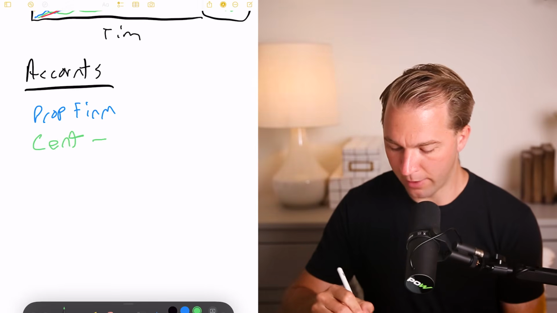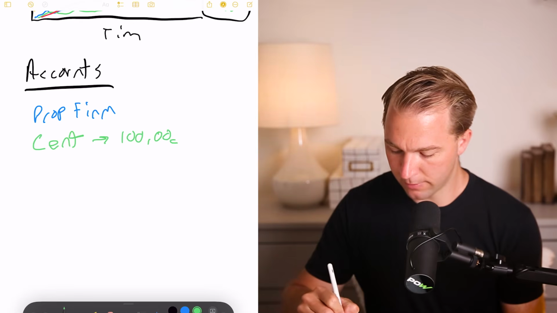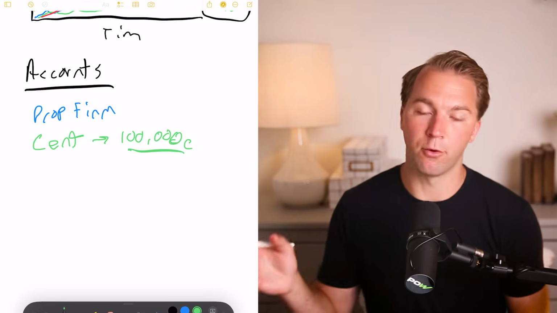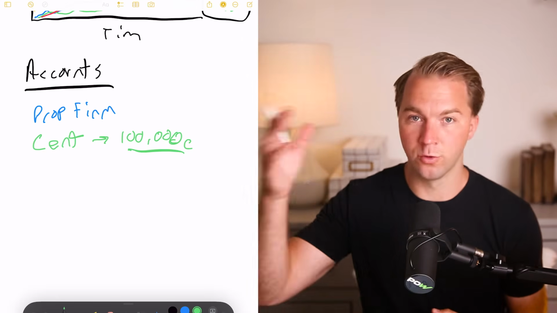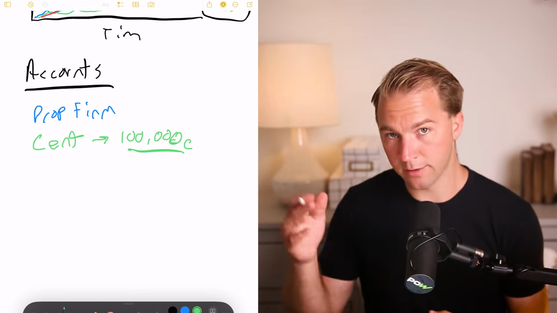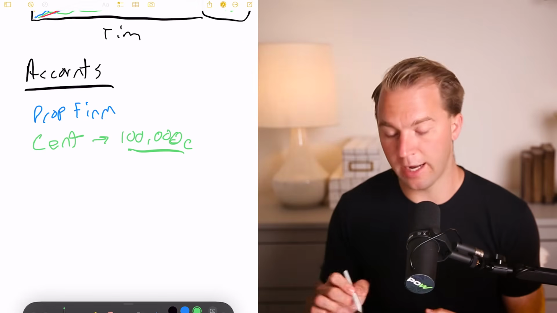A cent account, by the way, if you don't know what that is, is an account that allows you to trade 100,000 cents by putting in a $1,000 deposit, or 200,000 cents by putting in a $2,000 deposit. Now, it's not available in the US currently, but throughout the rest of the world, you can gain access to a cent account.